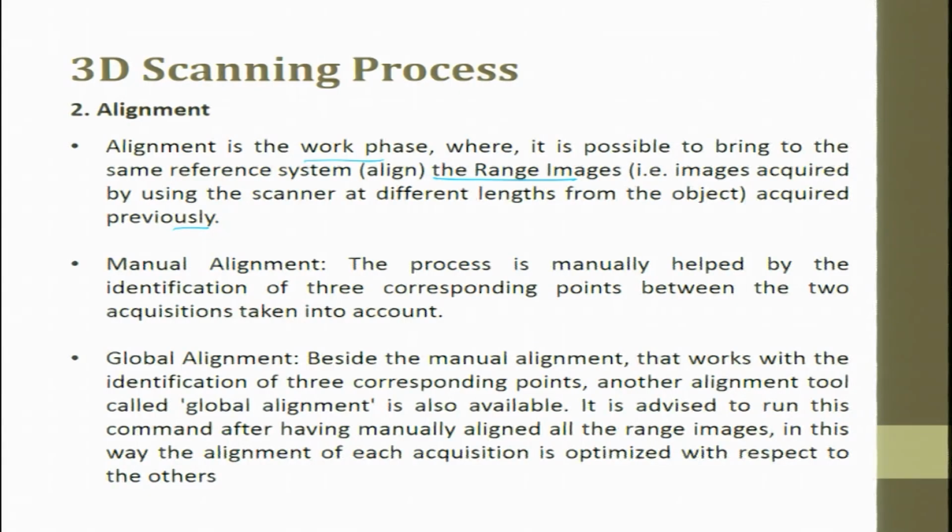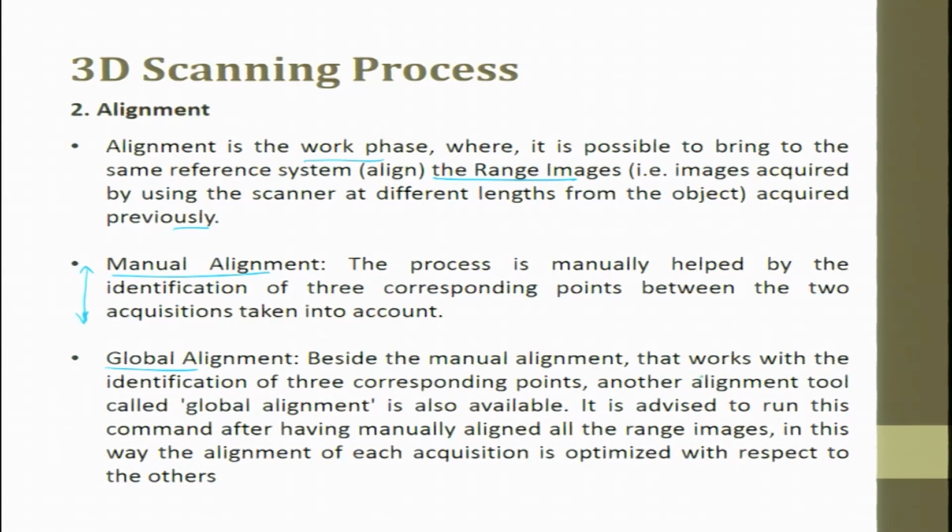Alignment is the work phase where it is possible to bring to the same reference system the range images acquired previously. The alignment can be manual, the alignment can be global. The manual process is helped by the identification of 3 corresponding points between the 2 acquisitions, which are taken into account.